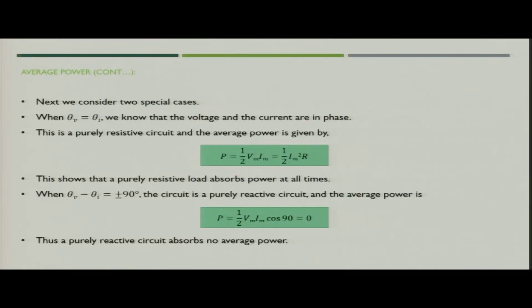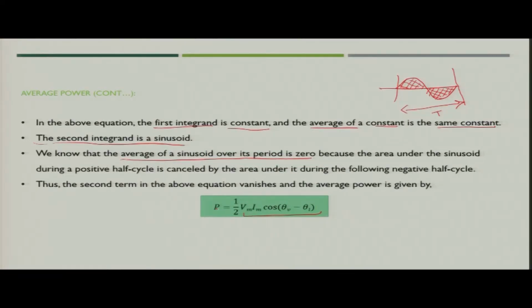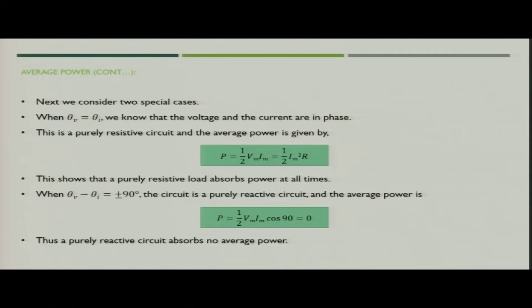Now, if you see that particular expression, the average power P is nothing but 1 by 2 Vm Im cos(theta V minus theta I). If you put theta V equal to theta I, that means both voltage and current are in phase. If both are in phase, the circuit is purely resistive.